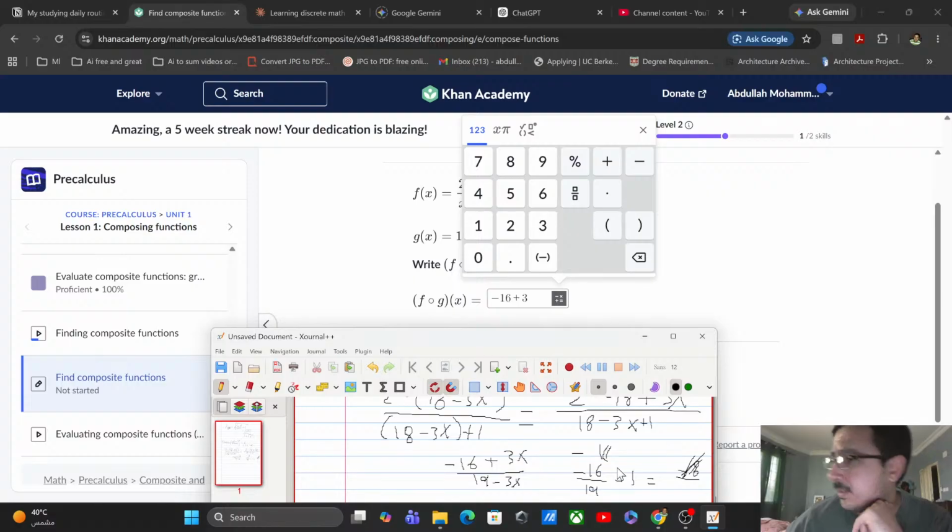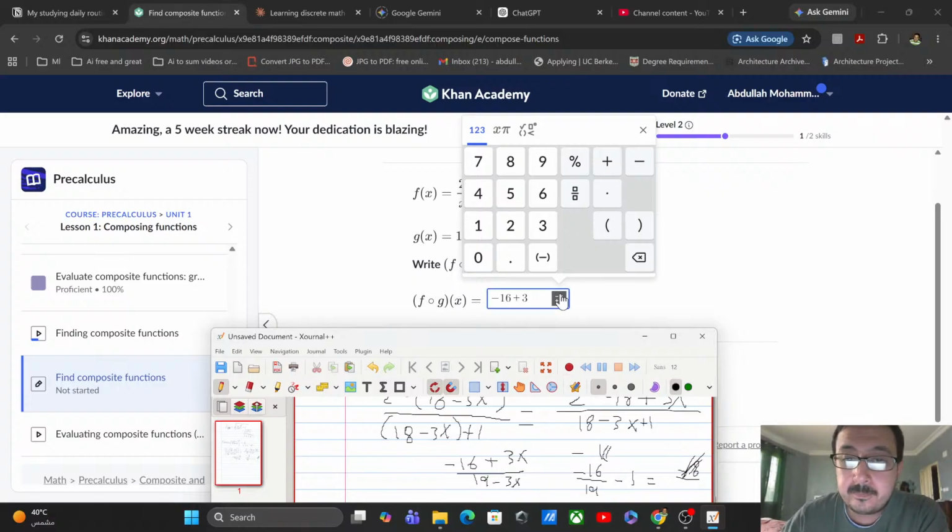Can you divide 16 by 3? Nope. So it's 16 over 19.